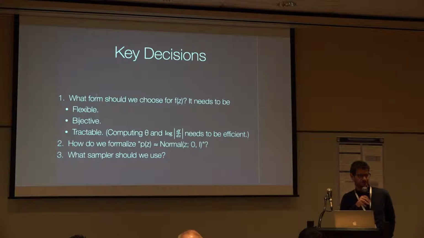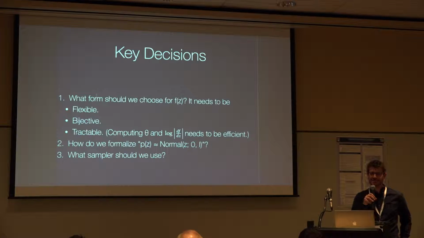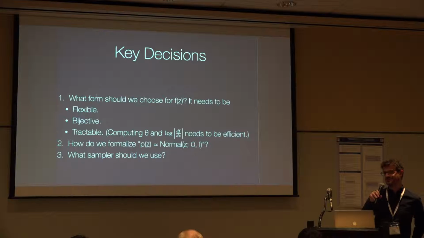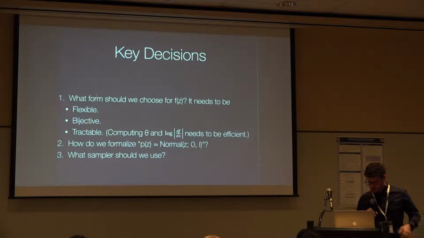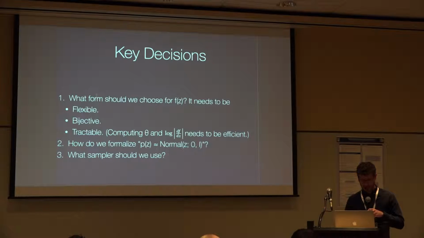Then another question: I said I want p of z to be approximately like the standard normal. If I could make it exactly that standard normal I would, but then I wouldn't need MCMC anymore. So what do I mean by approximately? What's the right mix of getting the properties we want while also being easy to optimize? And finally, what sampler should we use?